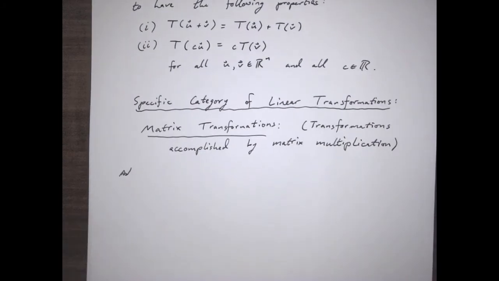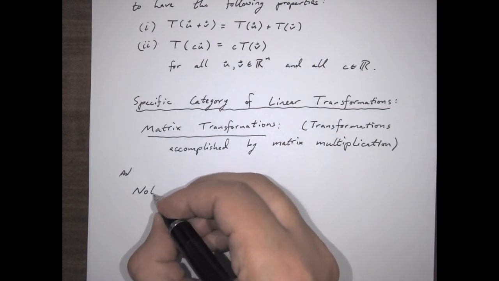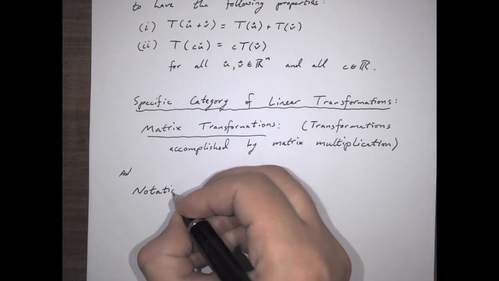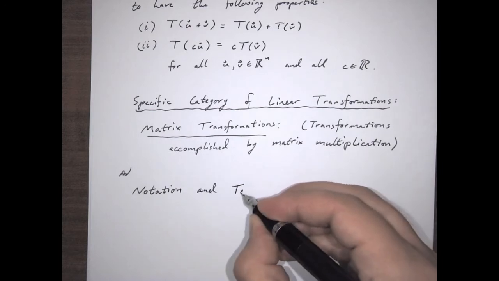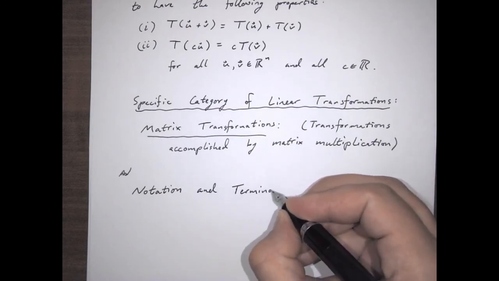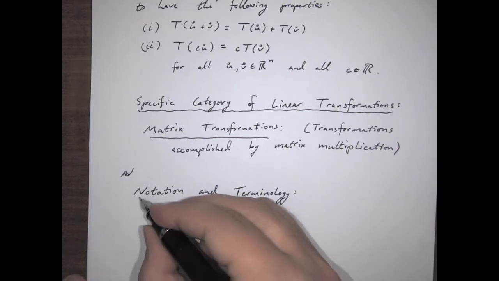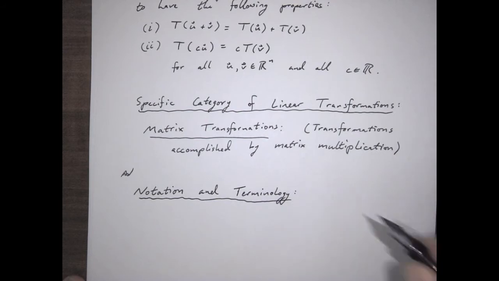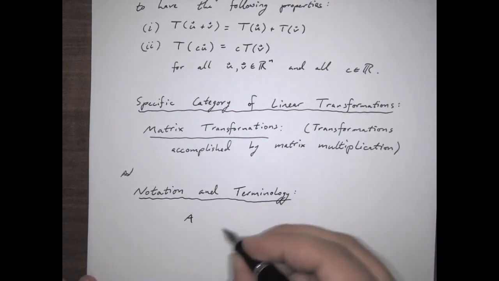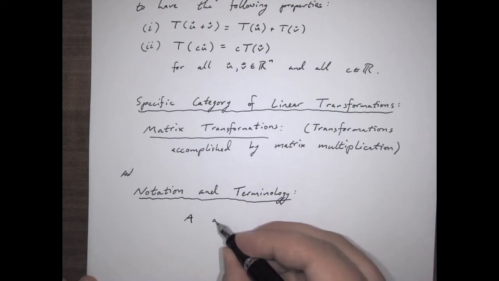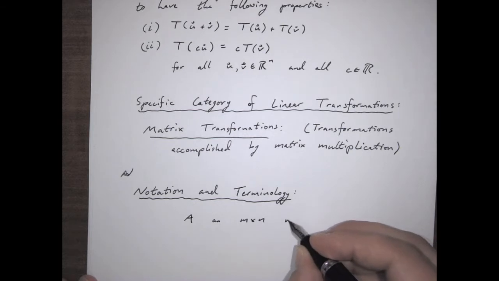All right, now some specific notation and terminology that we will be using. So we can write the following. Let's suppose that A is an m by n matrix.